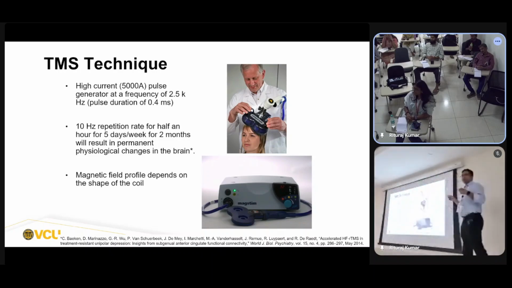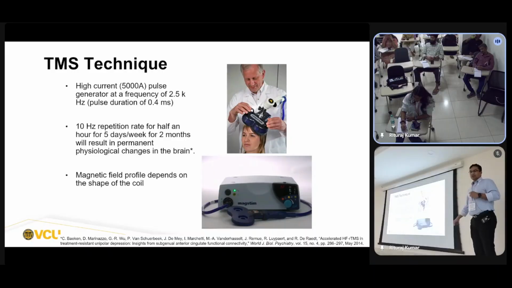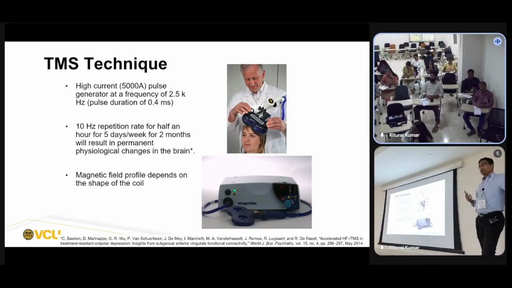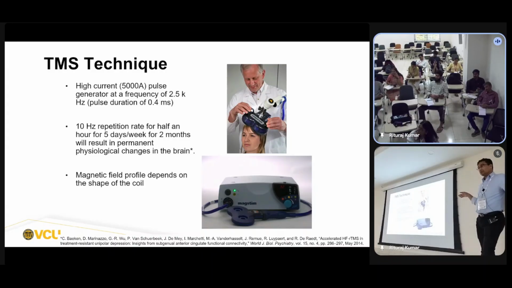But other than that, no other side effects reported. Well, if somebody has a history of seizures, you can introduce a seizure to that person when you do prolonged stimulation with high intensity, not just any stimulation parameter.